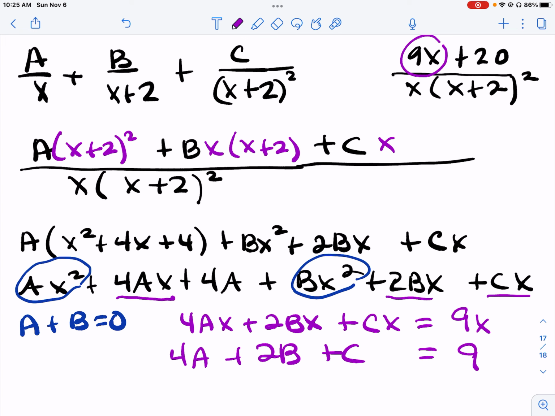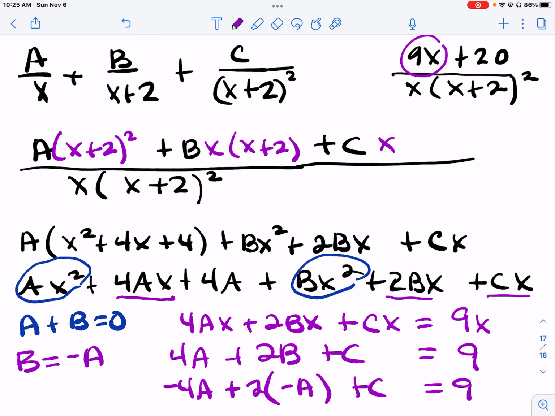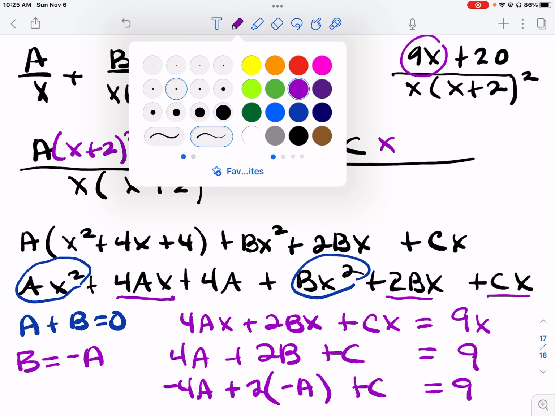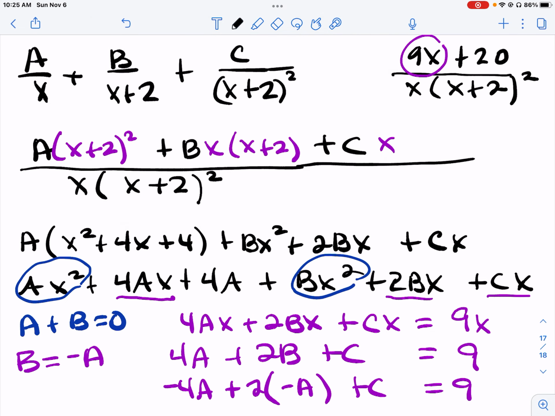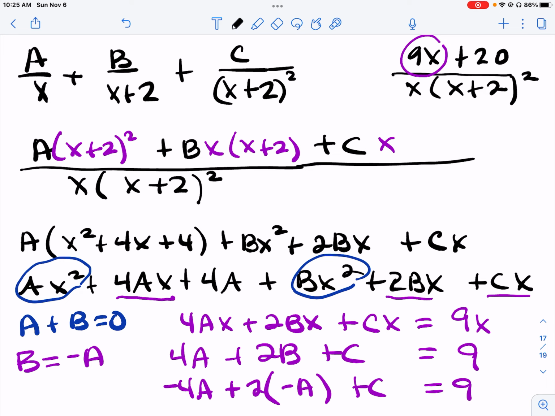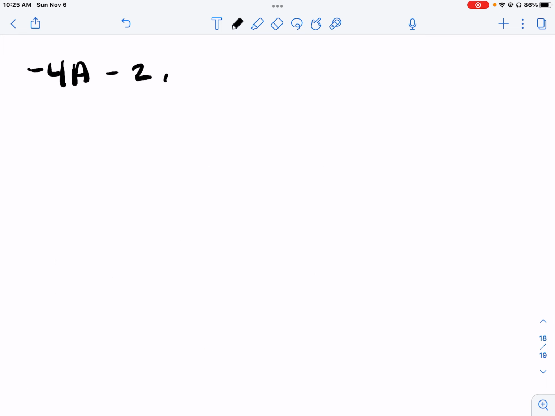Okay, we know that b is negative a. Okay, let's rewrite that. Minus 4a, minus 2 times a, so minus 2a.